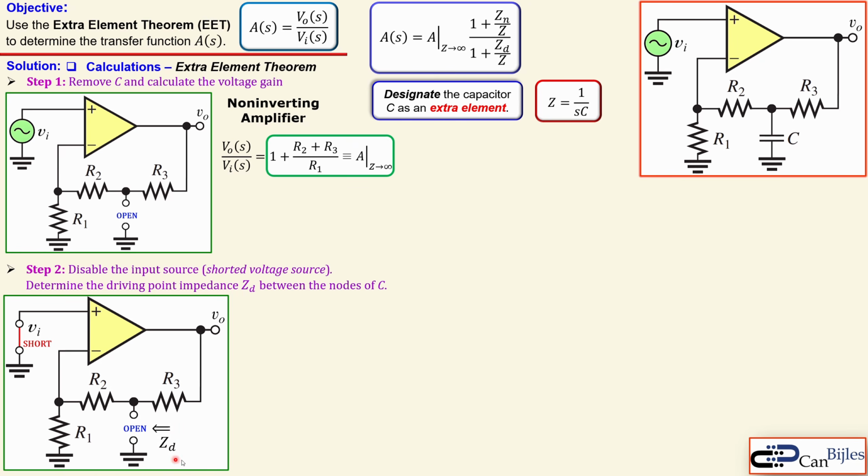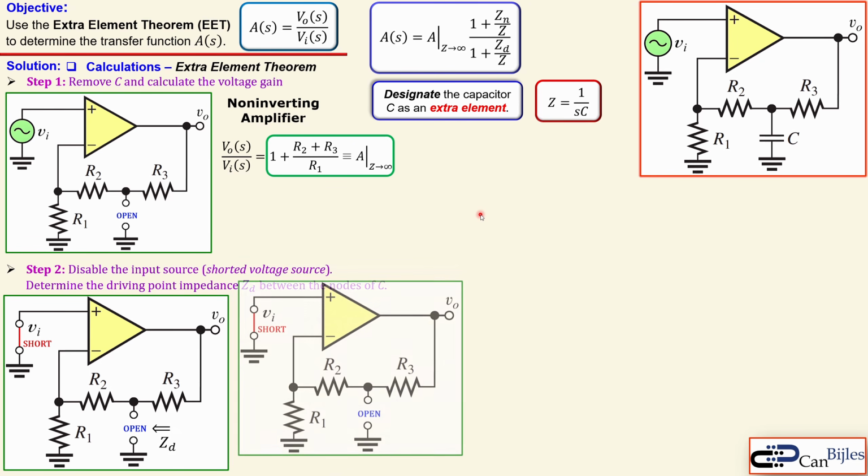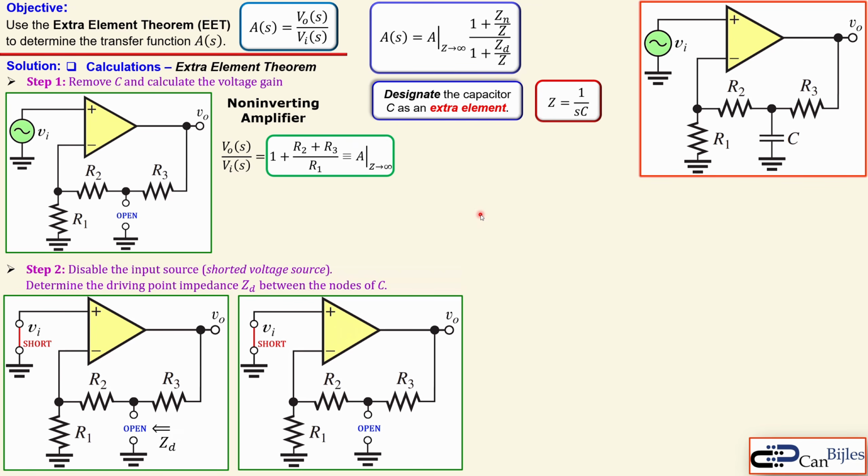So how to determine here the driving point impedance? Well, a more convenient way to do that is to bring up the same circuit again, and then put here a test source. In this case, I will apply a test voltage source. I call that VT, and also designate the polarities. And you also have here an associated IT, which is our test current.